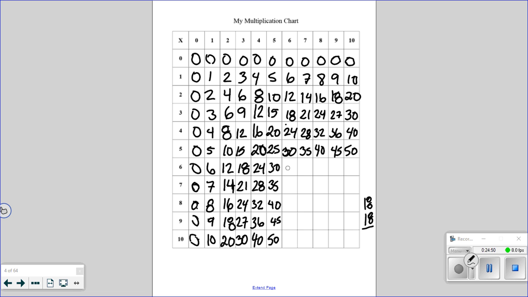So I'm going to back up to 3 times 6. Cole, what's 3 times 6? 18. I'm going to double it to get to 6 times 6. 18 plus 18. 24. Very close.